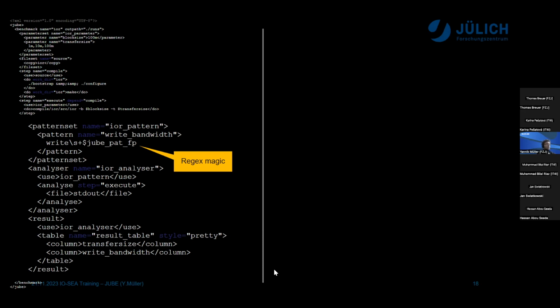So this jube_pat_fp is something that comes with JUBE. So we have predefined the most common regex expressions. This one is standing for floating point. Yeah, this is looking for some write followed by an underscore and then followed by some empty space and then followed by a floating point value.